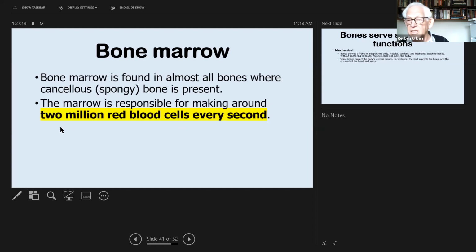I'll let that sink in. 2 million. We are so active. Now, if 2 million red blood cells are made every second, we have to break down the old ones. So the old ones are broken down in your liver, about 2 million every second.